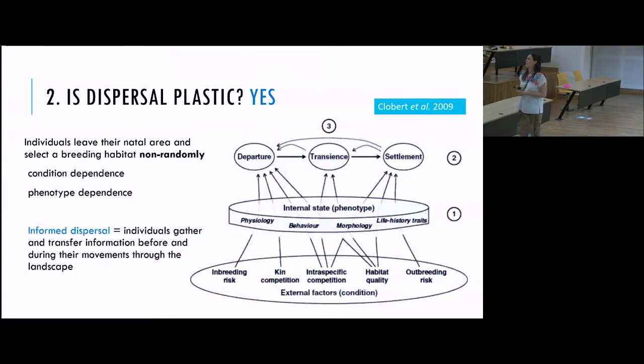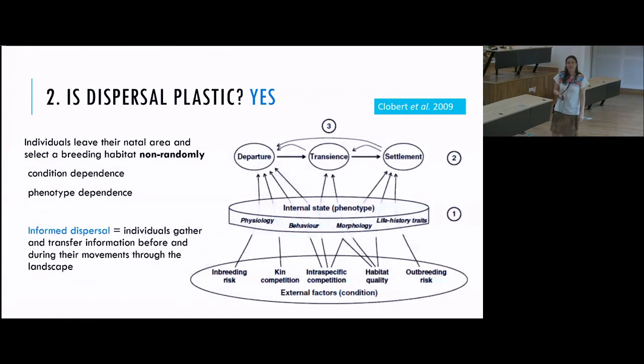Yeah, so in general, plasticity is the fact that the same genotype will express different phenotypes in different environments. So for dispersal, it means that if you take individuals with the same genotype and they encounter different environmental conditions, they will have different dispersal behavior.